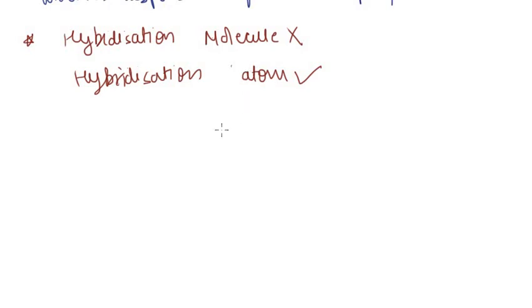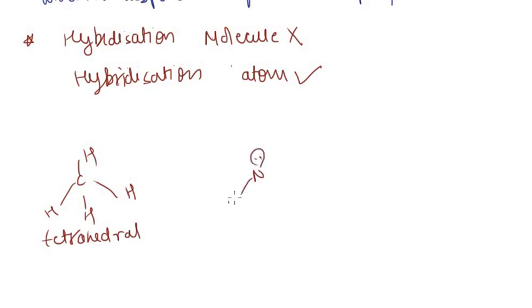So after the hybridization, what is the shape of the molecule? Like CH4, it is tetrahedral. NH3, ammonia, it is pyramidal.